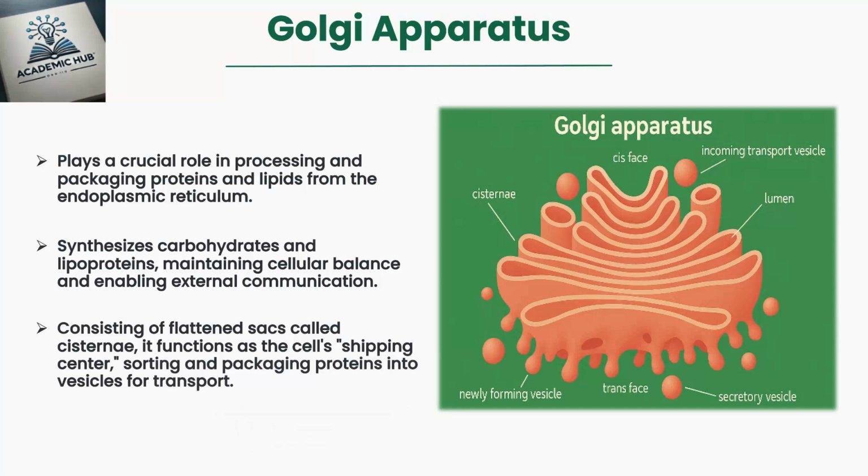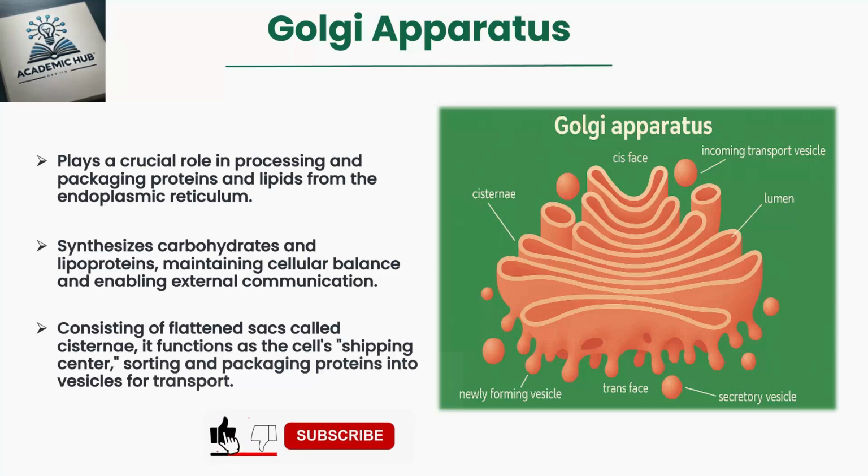Next is the Golgi apparatus and cellular transport. The Golgi body forms different types of vesicles to transport materials. So there are secretory vesicles, transport vesicles and lysosomes. The function of secretory vesicles is to release hormones and enzymes, like insulin secretion.